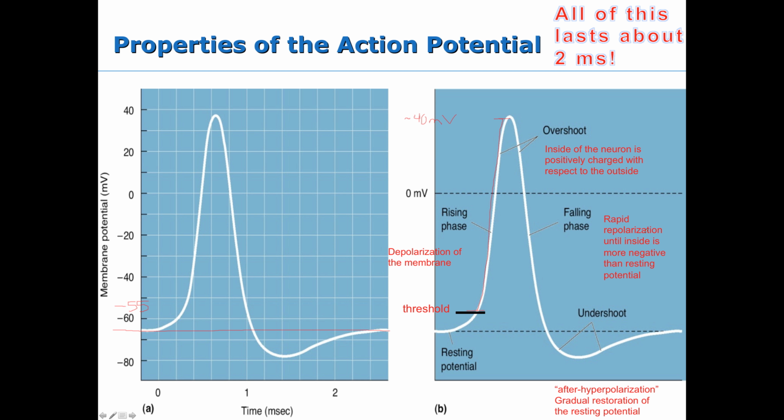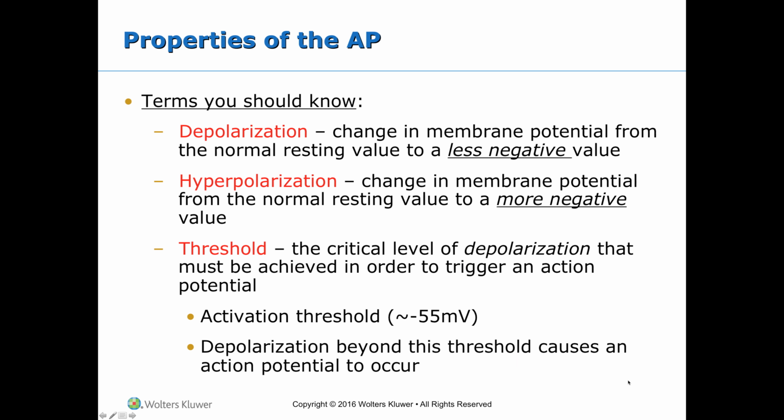This is a rapid repolarization until the inside becomes more negative than our resting potential. So we actually have an undershoot. This is when the membrane potential is more negative than negative 70 millivolts. And then the after hyperpolarization is the period where there's a gradual restoration of the resting potential from about negative 80 back up to about negative 70 millivolts.